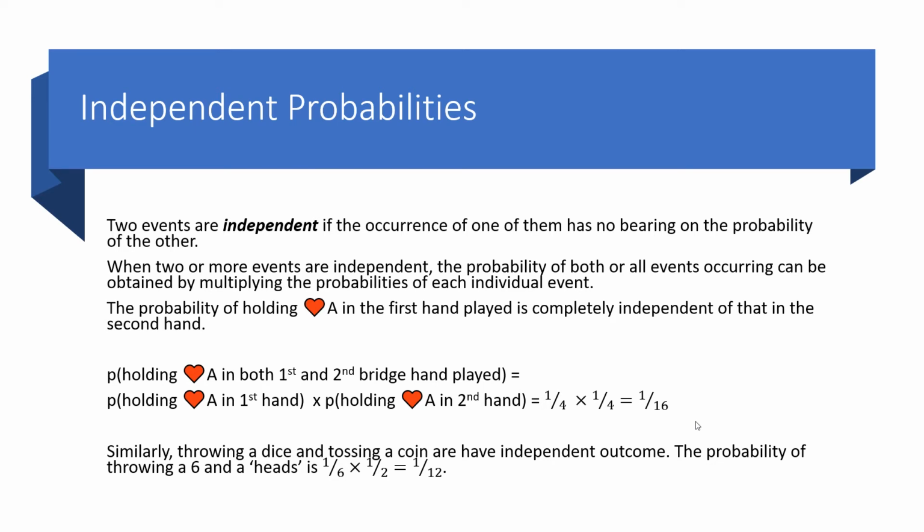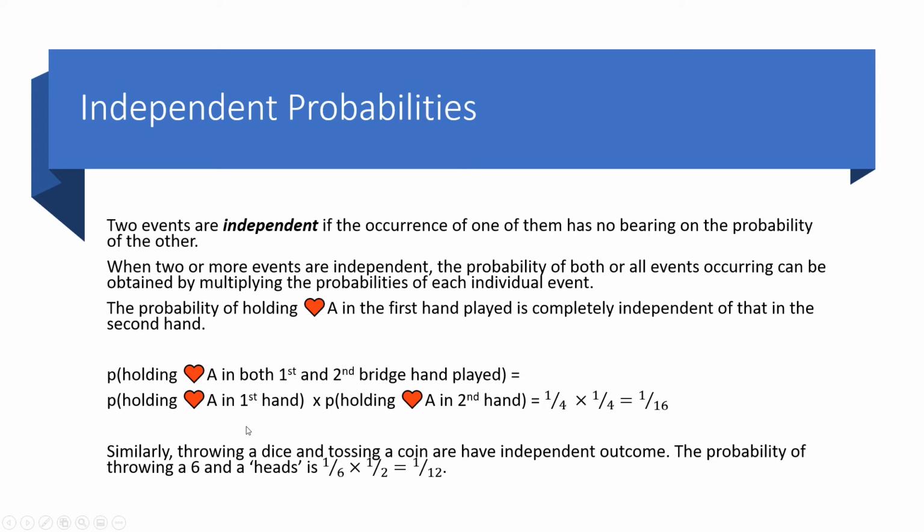Right, what I should say here is it's not independent on the same hand. If I were to ask what's the probability of holding the king of hearts, given that I hold the ace of hearts on a given hand, then I've only got 12 cards left in my hand out of the other 51. So that's not independent, and we'll discuss that a little bit later.